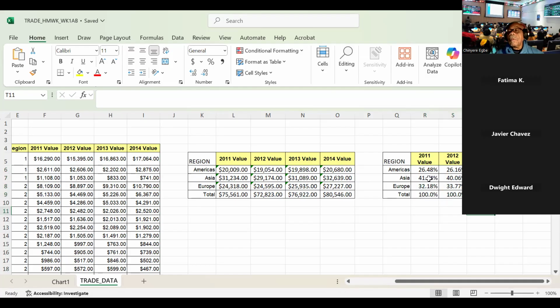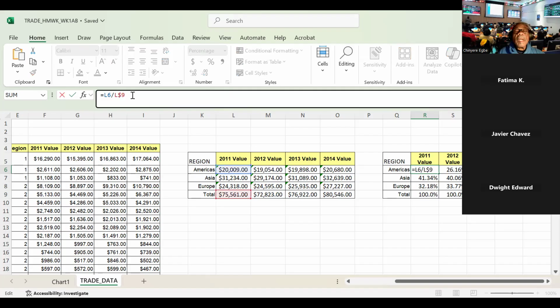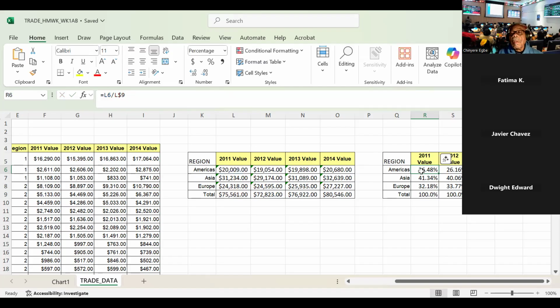And so now you have the percentages, but you have to really be very diligent with the way that you enter your parameters, like the way we did it here. L6, which means we are using L6.